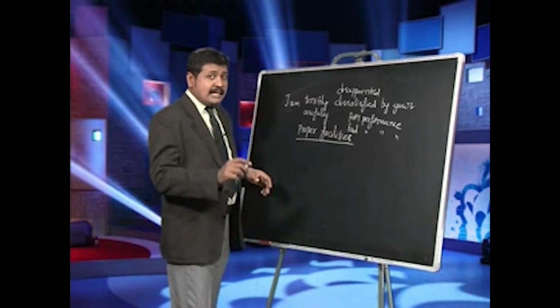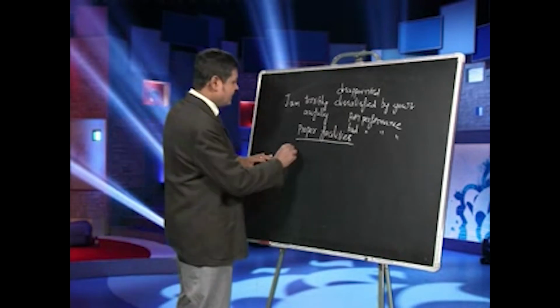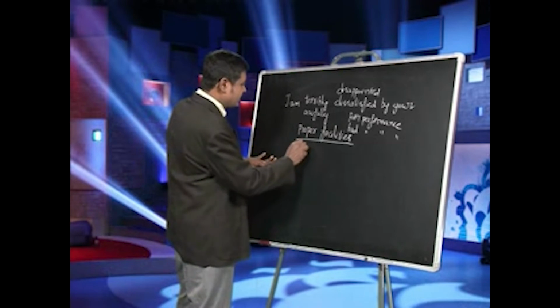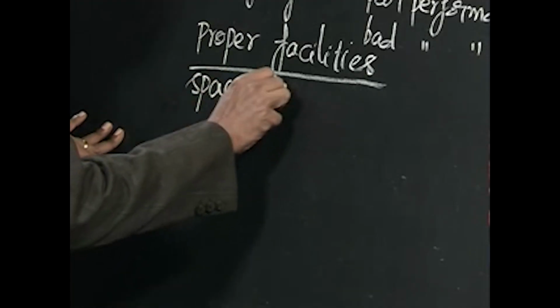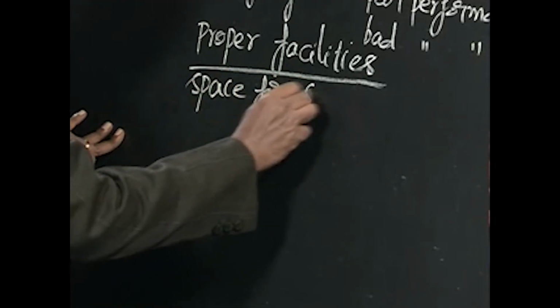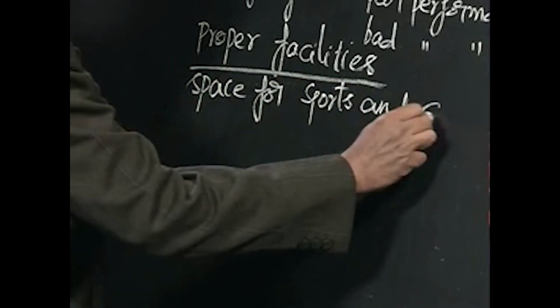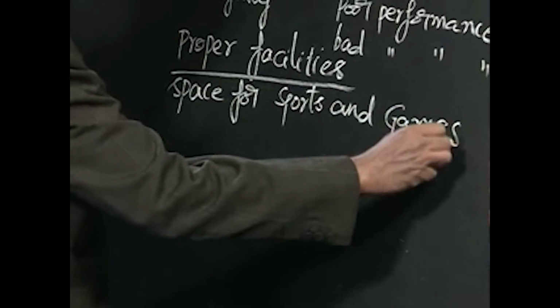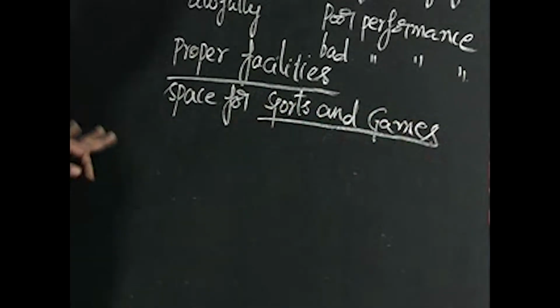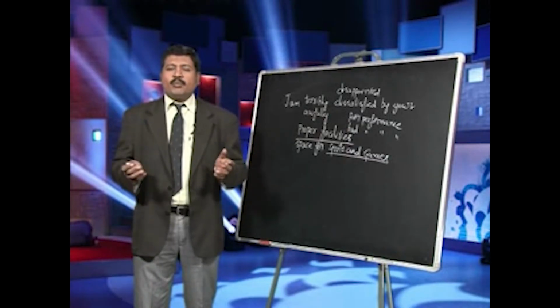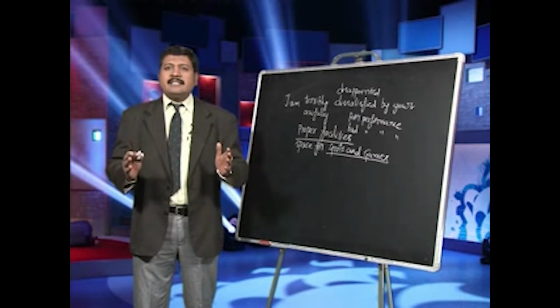Secondly, what the other athlete has said is, there is no space for sports and games. In our timetable, most of the time is allotted for the regular study hours, regular subjects.